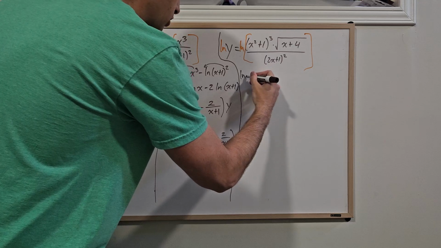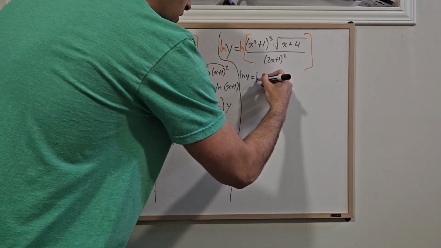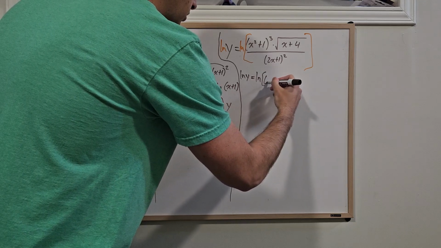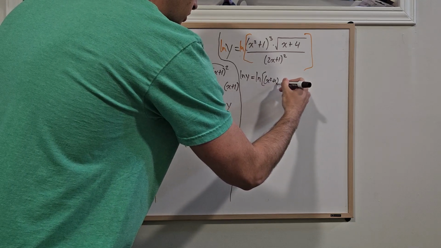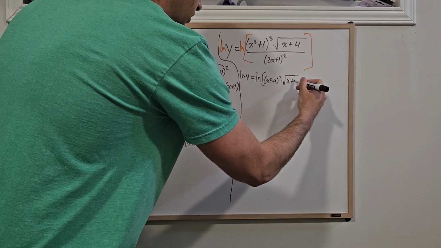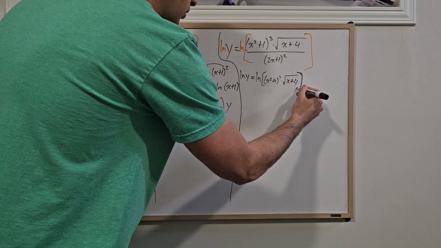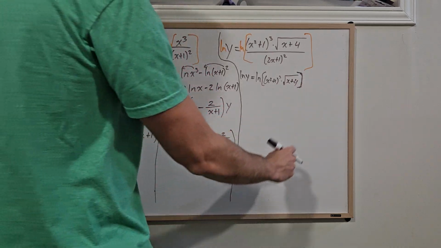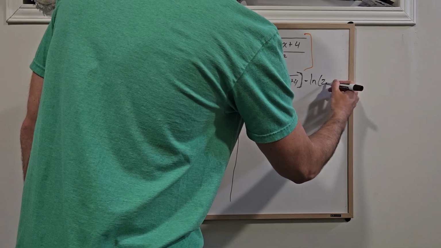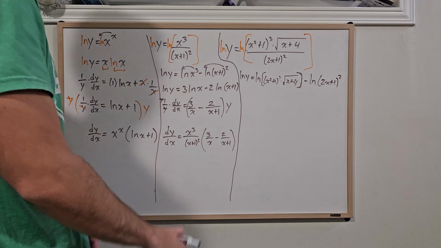So we have natural log of y is equal to natural log of, here we have x squared plus 1, x plus 4 under the square root, oops, just like that, okay, minus the natural log of 2x plus 1 squared, okay?